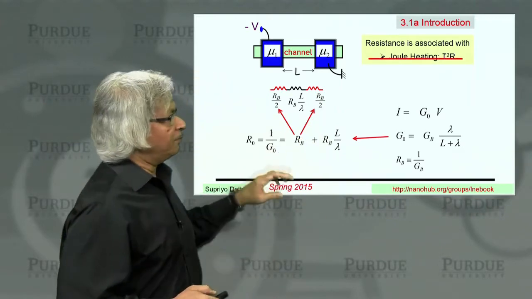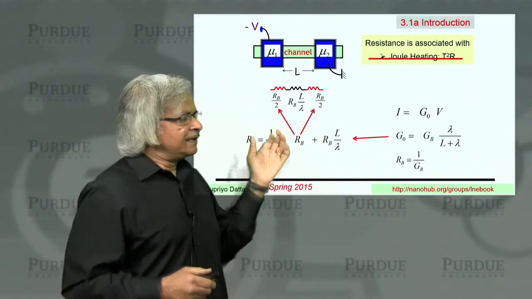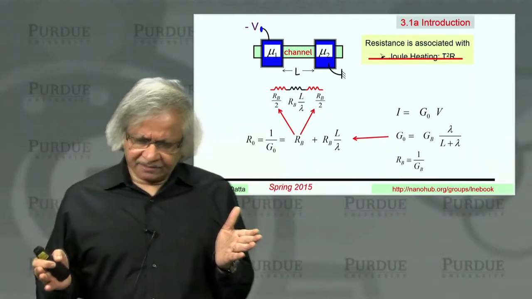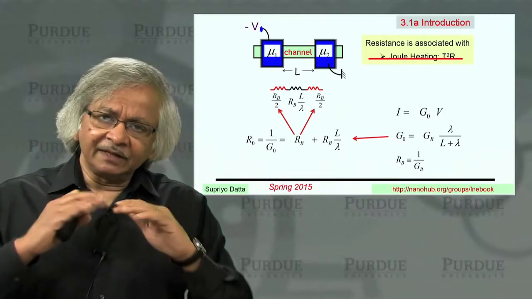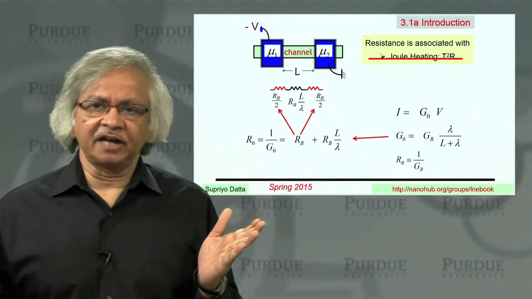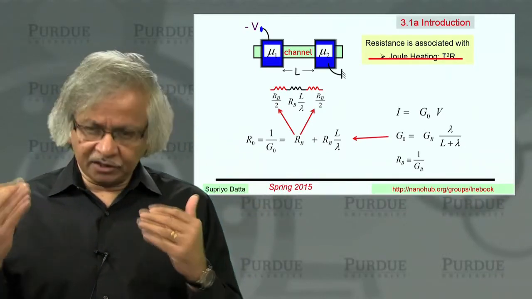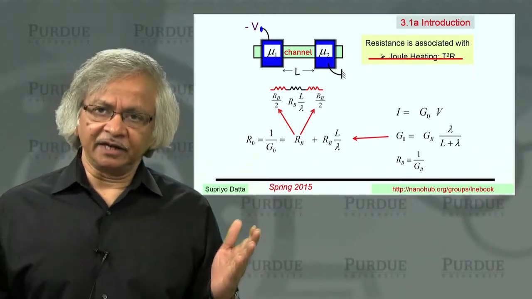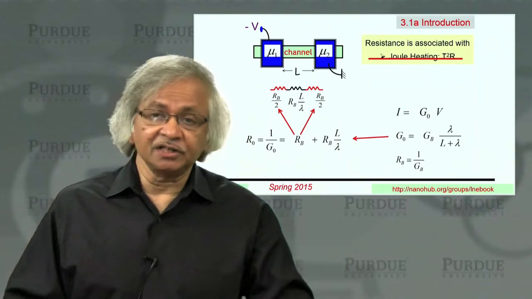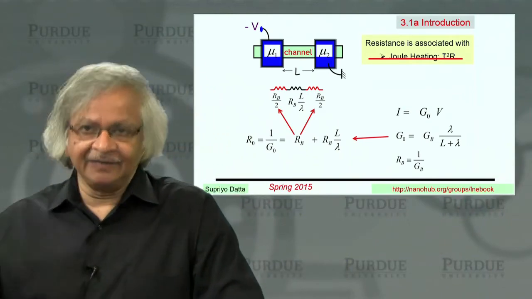So the point I want to make is that when you have small devices, I made this point earlier, the heating is actually not in the channel at all. That is, in small devices, a lot of the heating is in the contacts. In fact, for most of our discussion, we have assumed that it is entirely in the contacts.